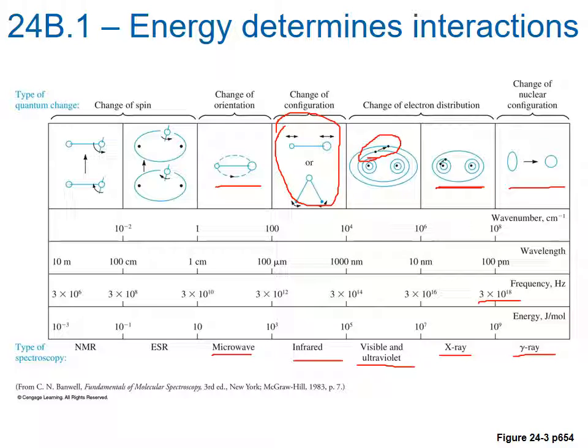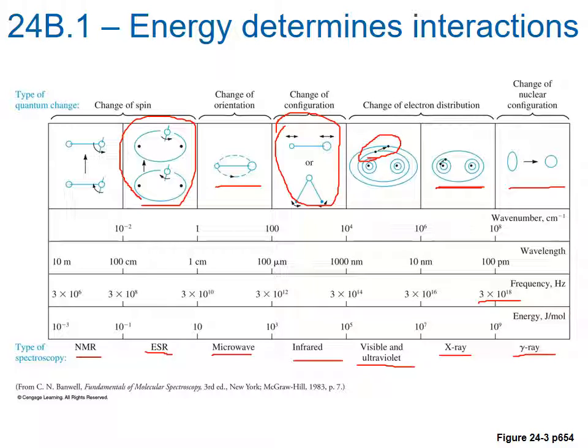We can also have electron spin resonance, which is now a lower energy. We're essentially just giving enough energy to change the spin of electrons. So we're moving from one direction spin to another direction spin in electron spin resonance. And we also can do nuclear magnetic resonance, where we change the spin of a nucleus.